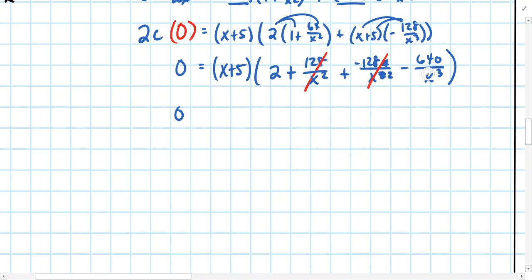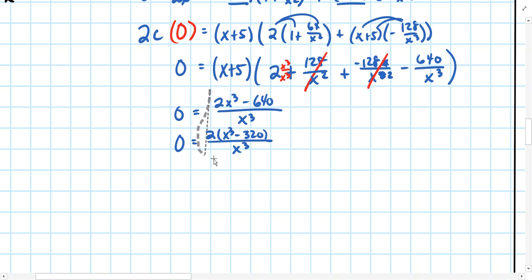Now I can create a common denominator of x cubed pretty easily if I multiply this guy by x cubed over x cubed. That's a form of 1 that we like. And so now I have 2x cubed minus 640 over x cubed, which would be the same as 2 times x cubed minus 320 divided by x cubed.